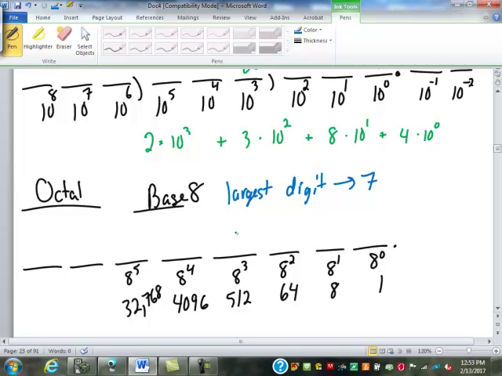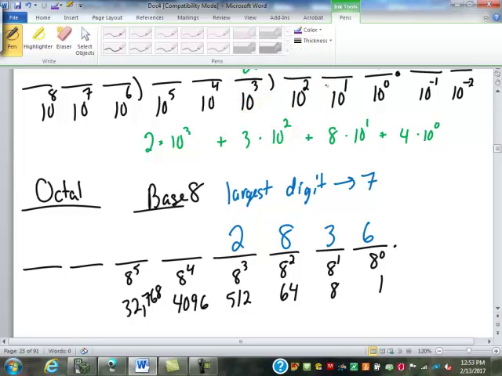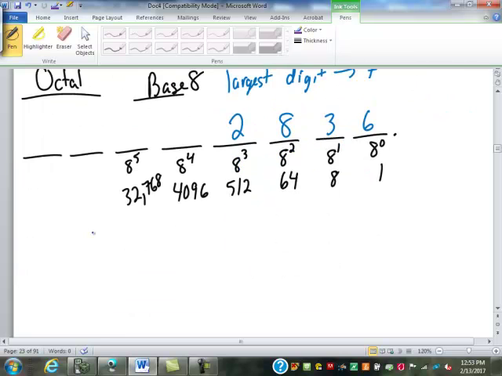So if we have something like 2836. Notice I was very careful not to say 2,836, because those digits don't mean that. That 2 is 2 512s. So it's 1,024. I screwed up and put an 8 in there, didn't I?